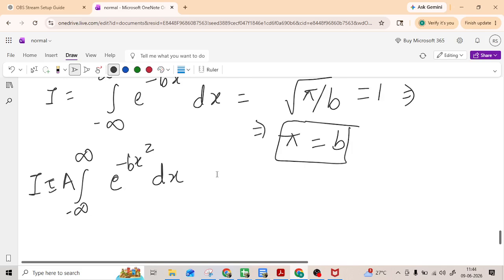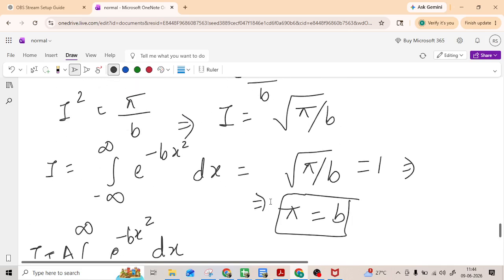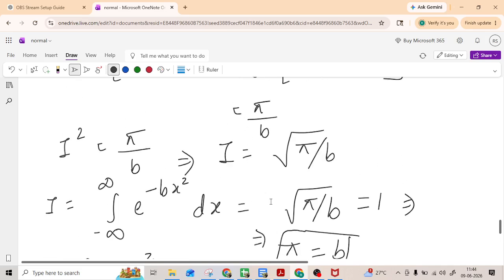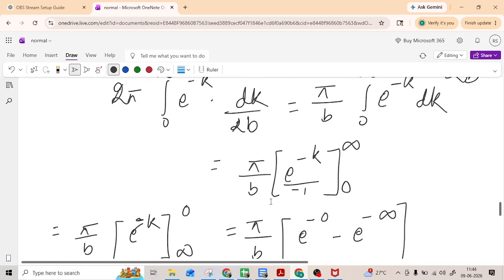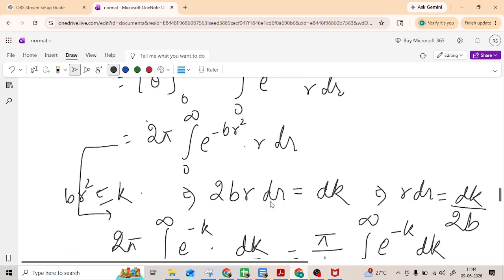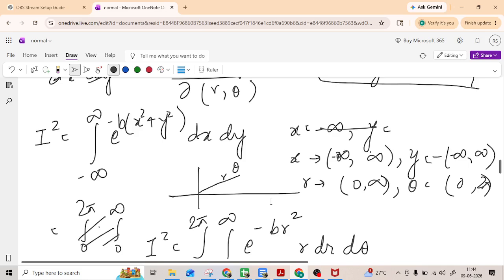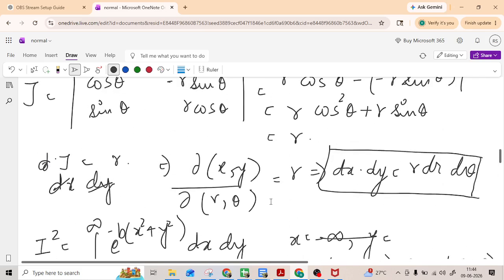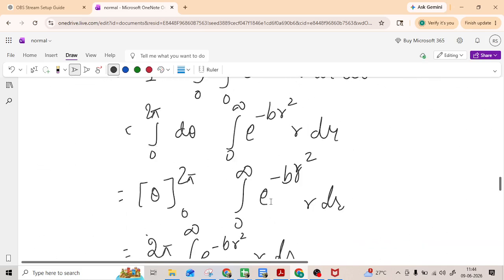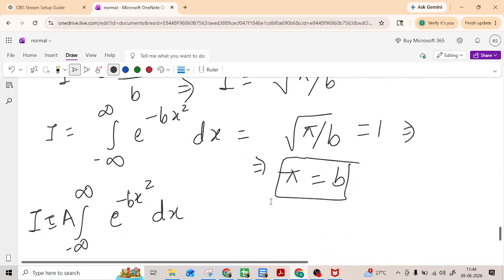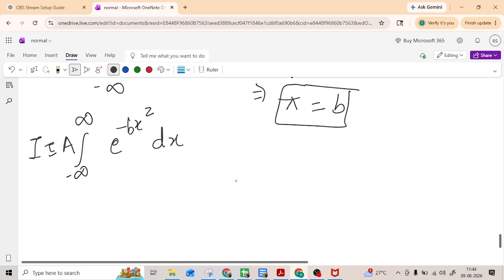As we had done earlier, e raised to the power minus b x square integrated was root pi by b. So this term becomes a times root pi by b.